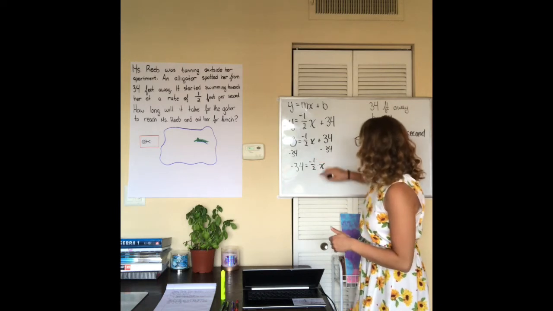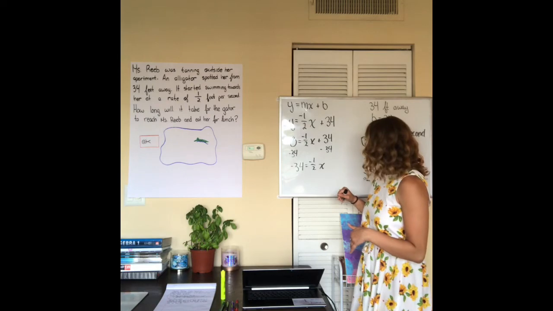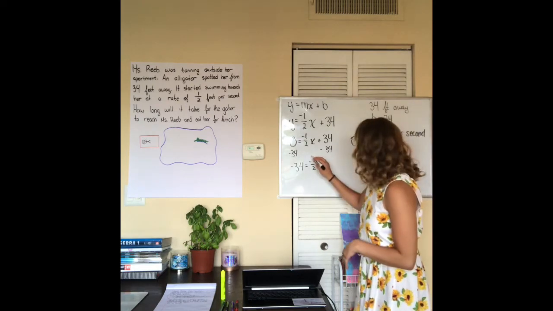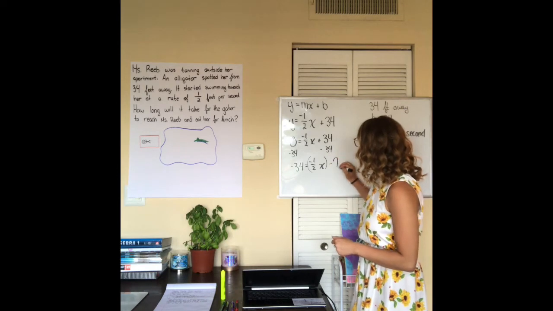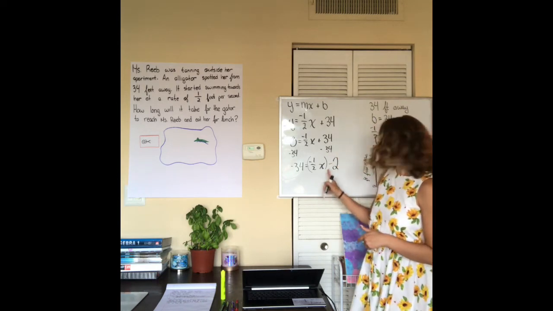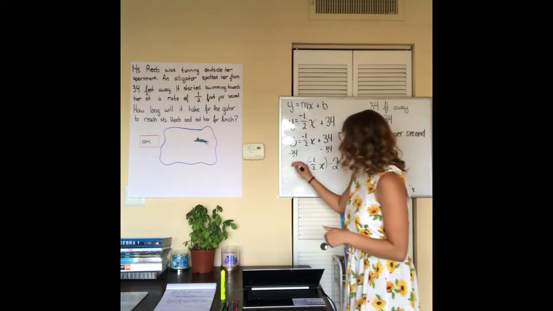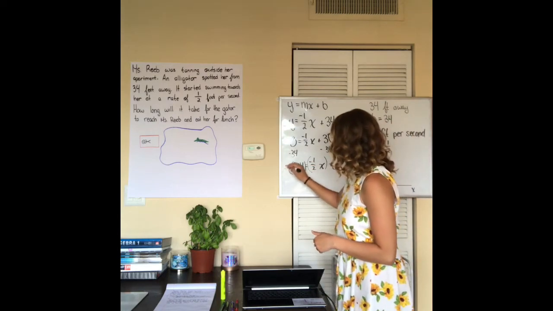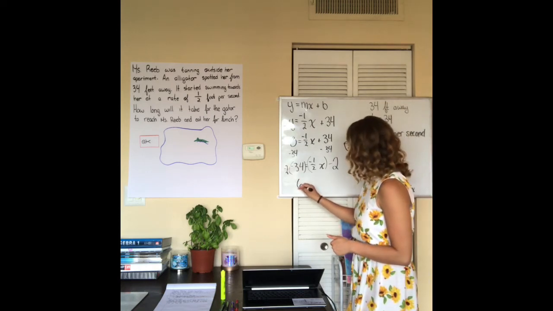The opposite of multiplying by a fraction is multiplying by a whole number. So I'm going to multiply by negative 2. And I'm multiplying by negative 2 because this is a negative 1/2. Multiply by negative 2. So I end up with positive 68 equals x.